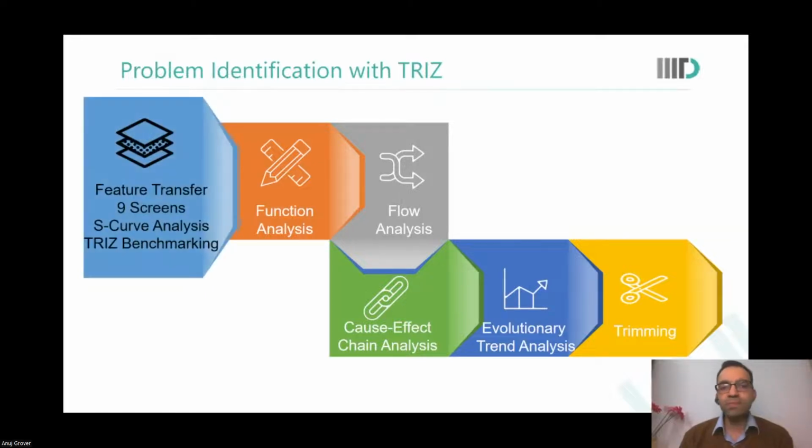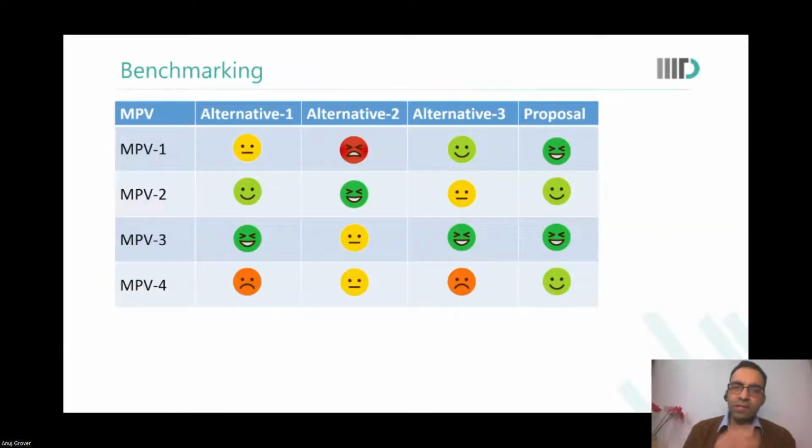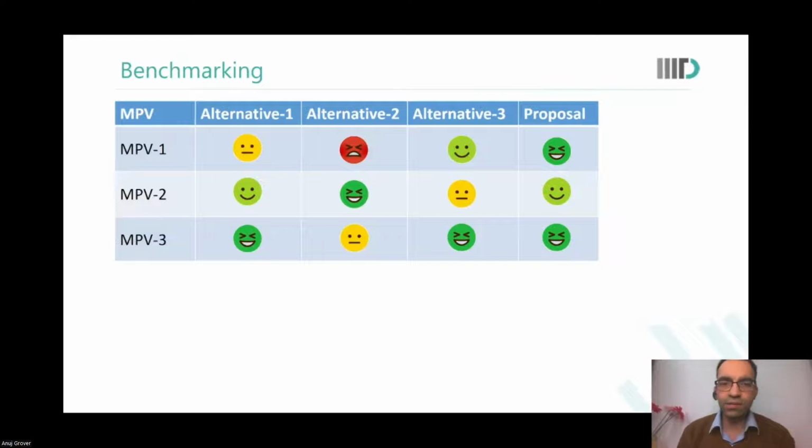So what is stress benchmarking? Stress benchmarking is that, for example, you have a product idea or a problem statement in mind that you want to solve, and you also have a proposal in mind to solve this problem.